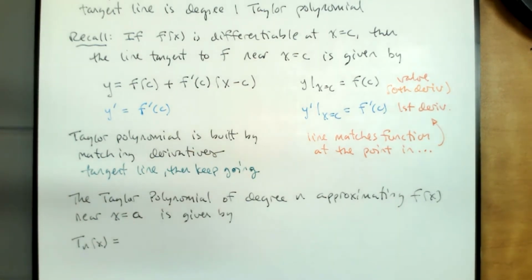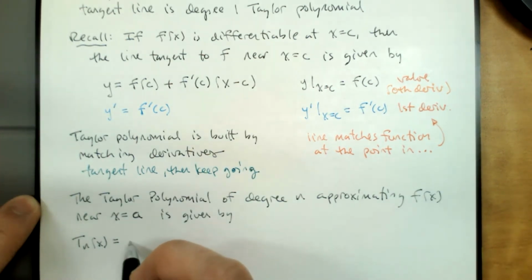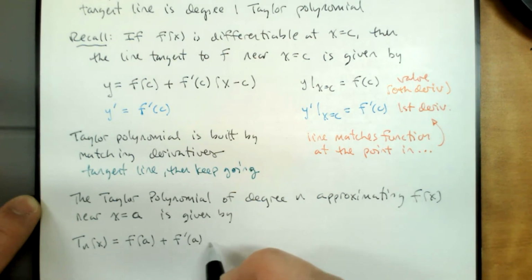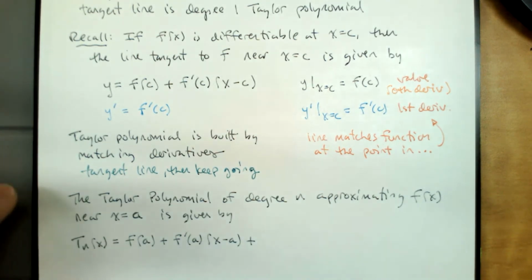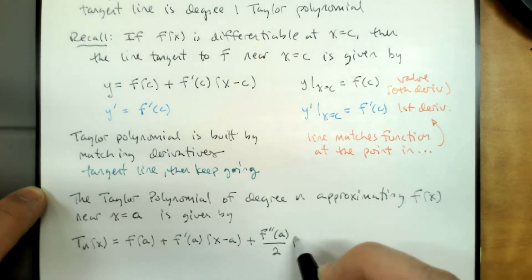It's going to start off just like a tangent line. I want the same value, and I want the same first derivative. The quadratic term is going to involve the second derivative, but we have to do a thing to it. So the second derivative at a, then we have to divide by 2.